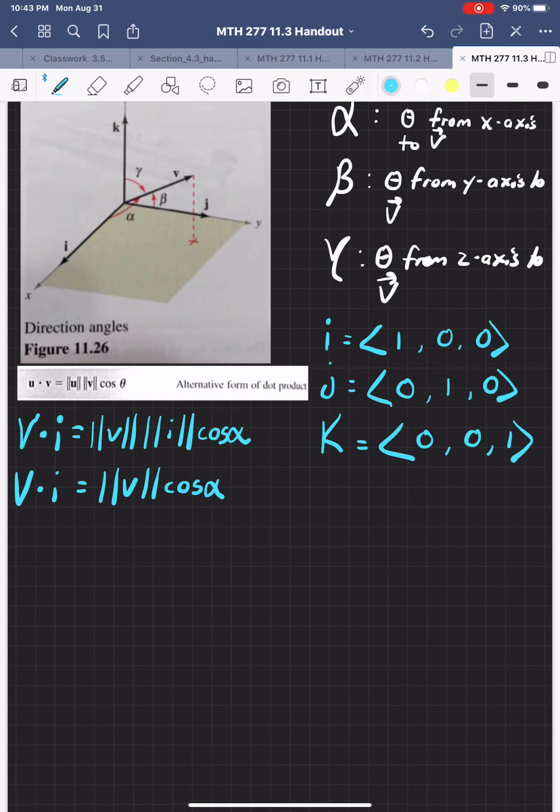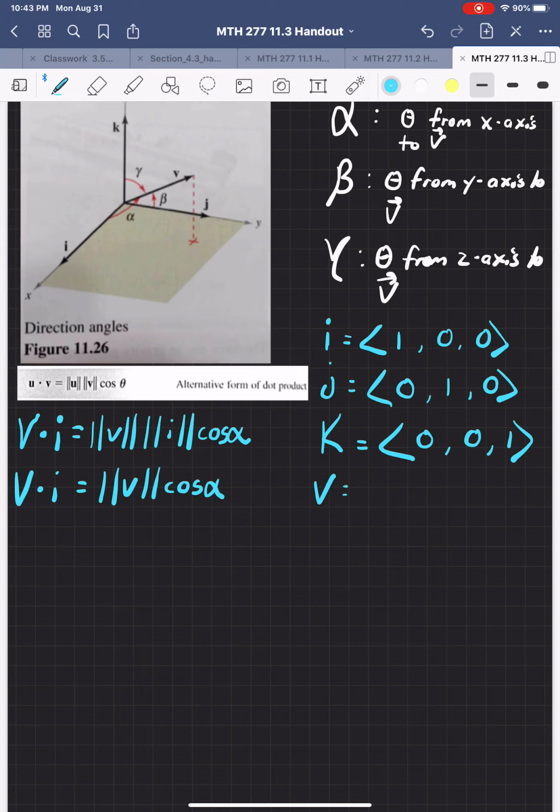Only if you were to go through and dot this out, I'm trying to save time, but I also don't want to lose sight of what we're trying to do.